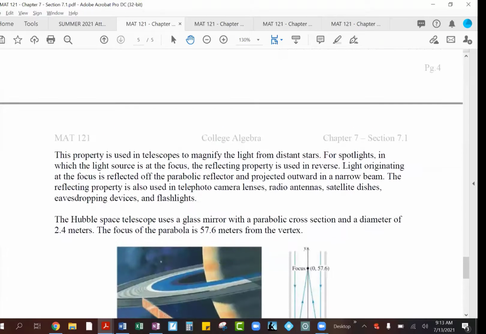This property is actually used in a lot of different objects. You can see some examples over here. We're talking about a telephoto camera lens, radio antennas, like I mentioned, satellite dishes, eavesdropping devices, which work like your satellite dishes, and even something as simple as a flashlight.